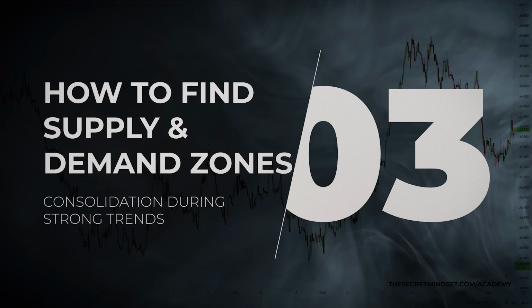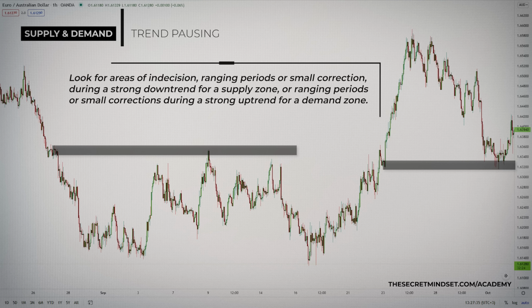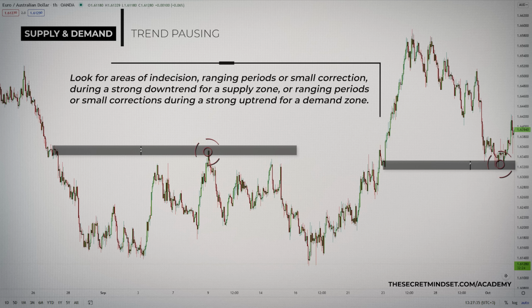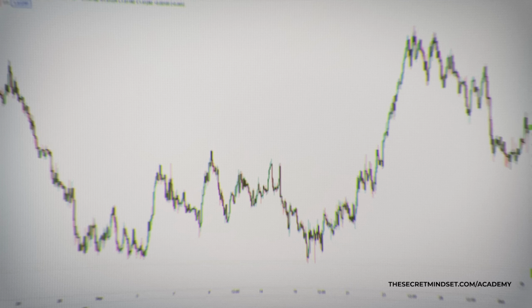The third method is to look for areas of indecision, ranging periods or small corrections during a strong downtrend for a supply zone, or ranging periods or small corrections during a strong uptrend for a demand zone. These are the rally-based rally and the drop-based drop structures.